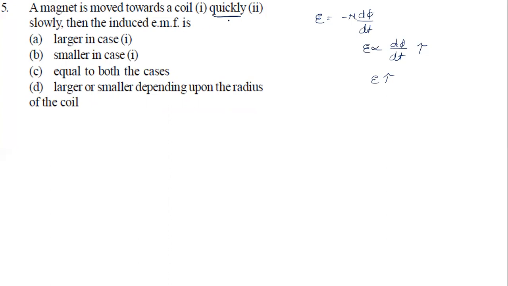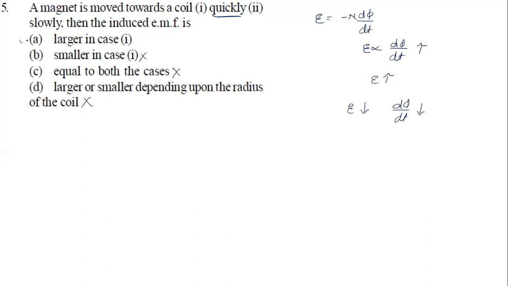As you move slowly, it needs to decrease, right? In the second case, d phi by dt, the flux is changing very slowly, so the EMF changes very slowly. Now the other options: smaller in case 1, no. Equal in both cases, no. Larger or smaller depending upon the radius of the coil, the radius doesn't matter.